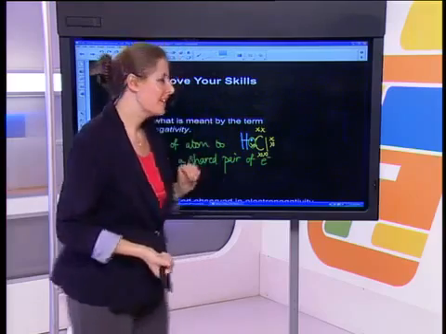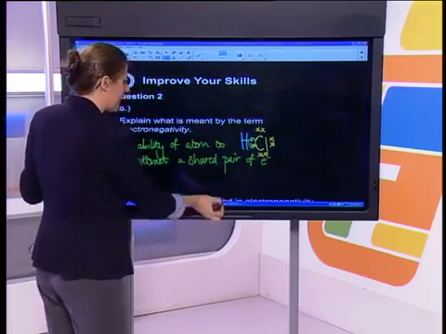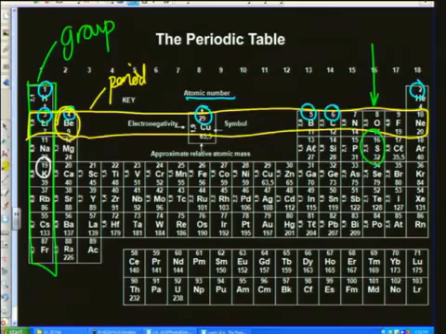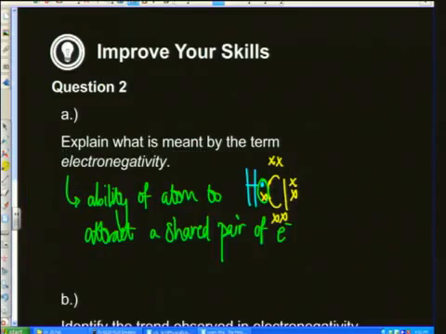And we have electronegativity given to us on the periodic table. There it is here. It's given to you as a number on the periodic table, and you can go and look. Hydrogen has an electronegativity of 2.1. Chlorine has an electronegativity of 3. And you can go read off those numbers and tell me who wins this battle.